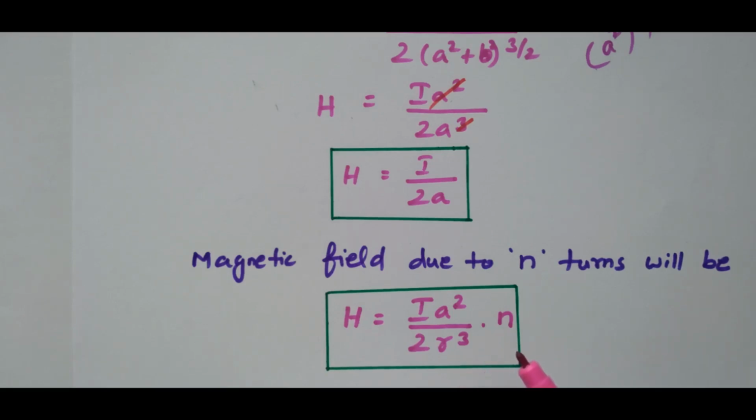If N number of current loops are available, IA square divided by 2 R cube into N. So we have 4 different expressions available. First is IA square divided by 2 R cube. Then R is substituted in terms of height. That is the second expression. Then height is 0 at the center. That is the third expression. This will be the fourth expression in terms of number of turns. Now we'll see the problem.